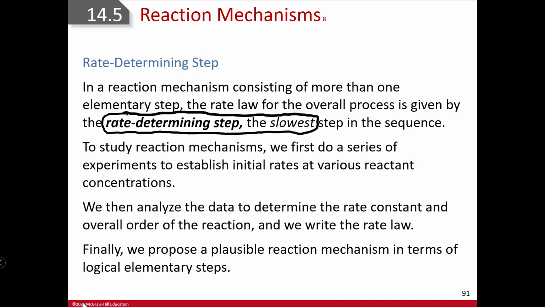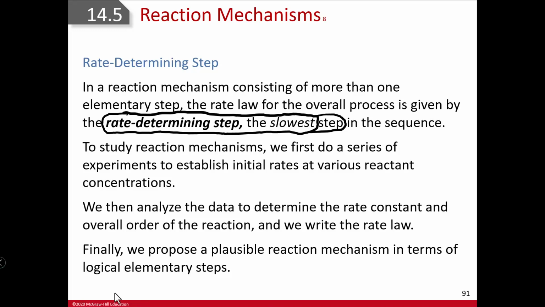So here's the big one right here. Rate determining step is the slowest step. Whichever one of the elementary steps is the slowest is going to determine the overall rate law. All right? So the slow step determines the overall rate law.